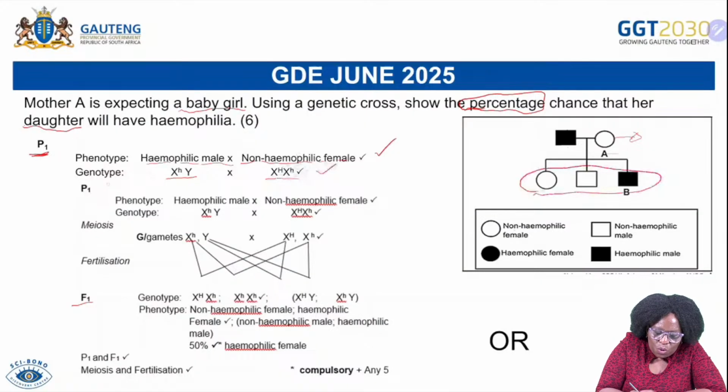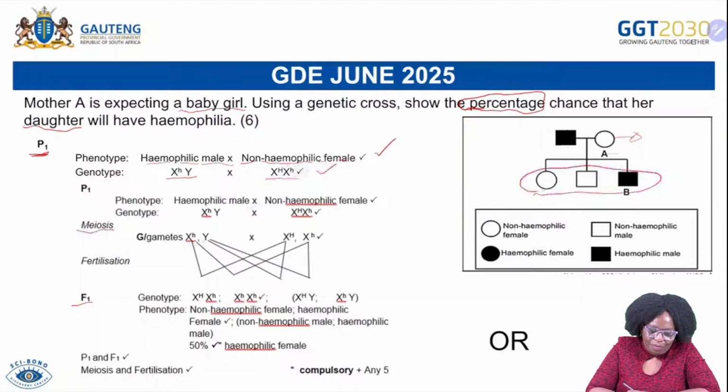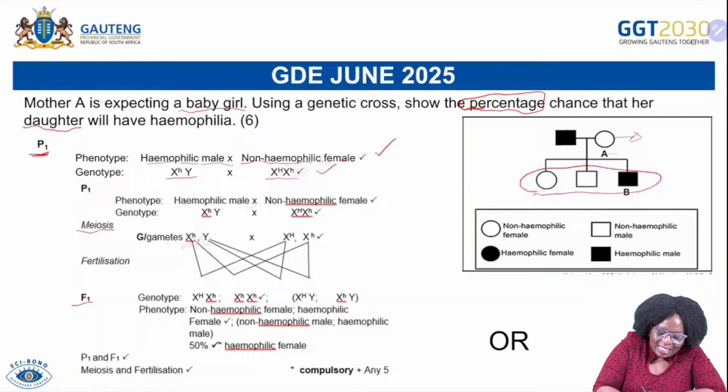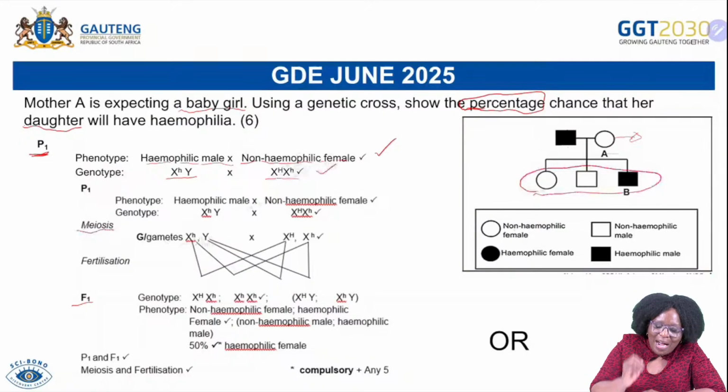Then you tell us that this is now meiosis. Meiosis is supposed to take place, and when meiosis takes place, we are going to have gametes, because gametes result from the meiotic division. So we are going to have gametes, and please be extra careful. You can see here that the gametes that are indicated, there's a comma in between. So you must indicate clearly.